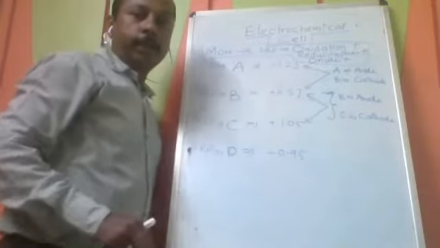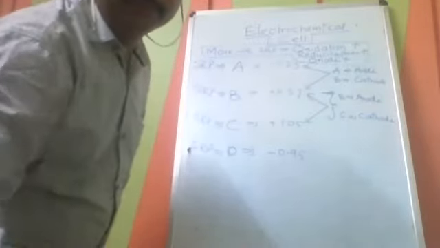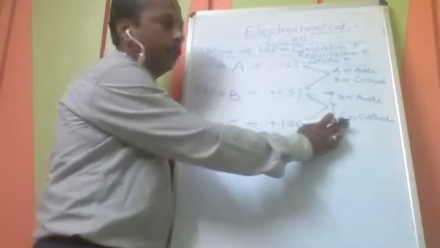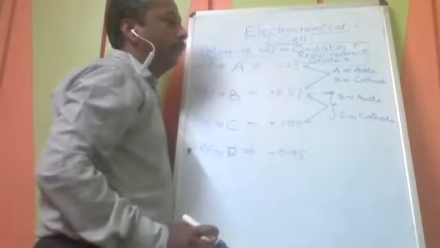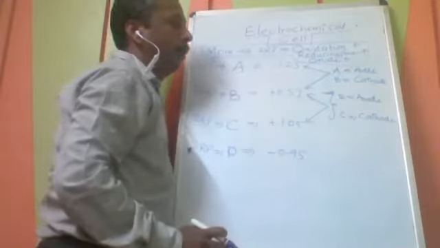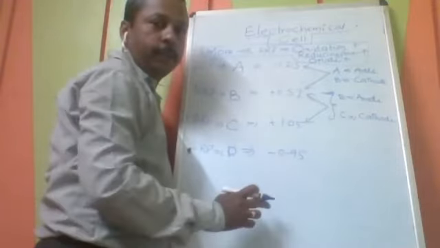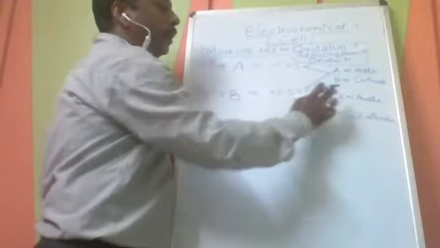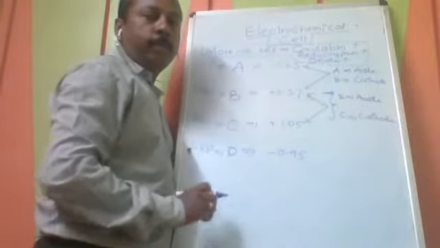The reducing power of C is less than that of B. More reducing power, more anode.